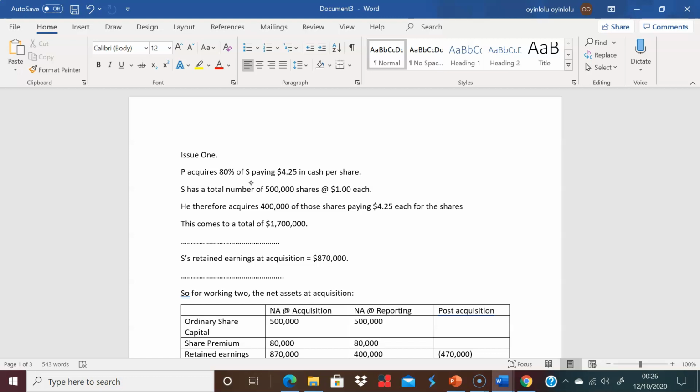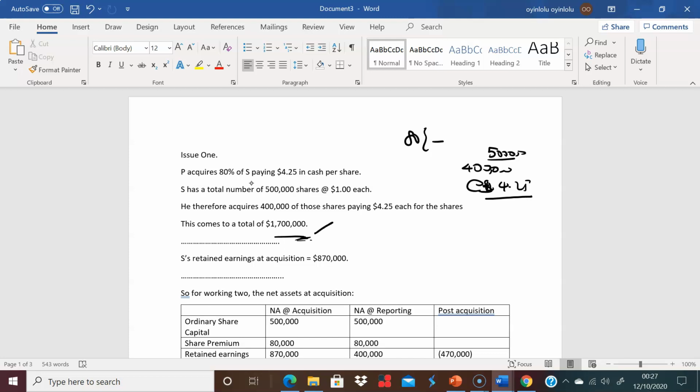So that means you paid a total of 1.7 million. Yes, that's what happened here. So you can look at that again. 80% shareholding. They have 500,000 shares. You acquire 400,000, and you pay £4.25 each for those. And that's how you get your 1.7 million.